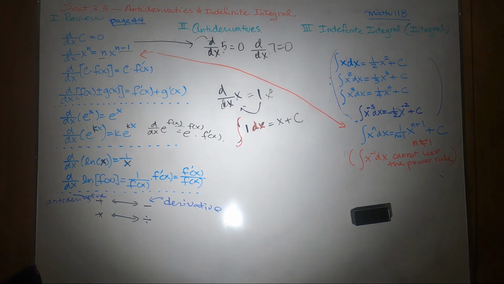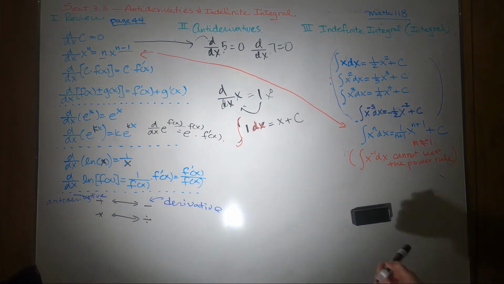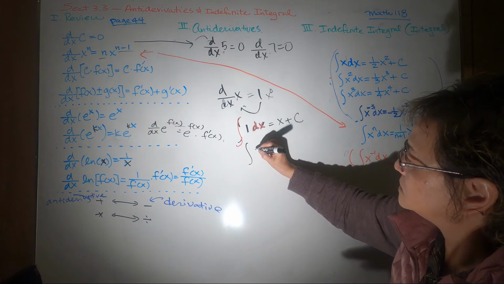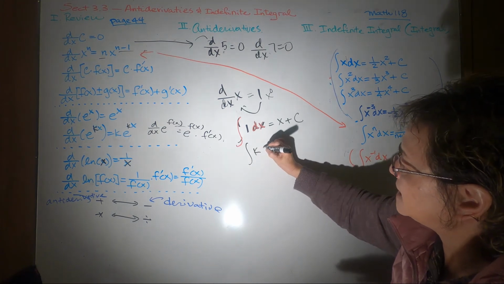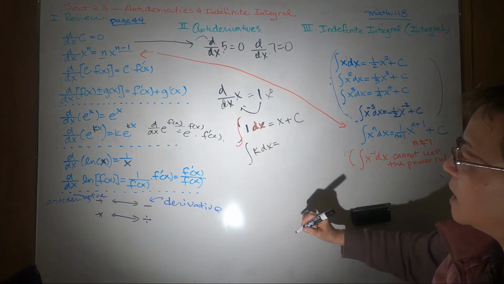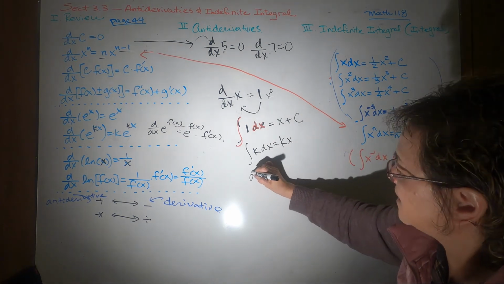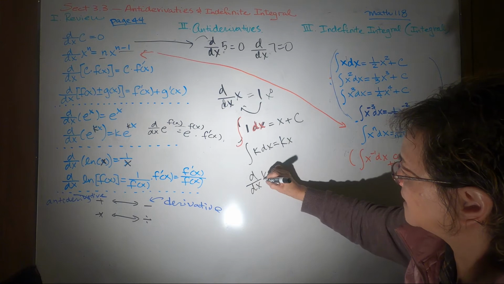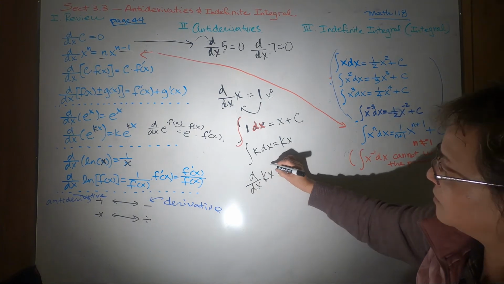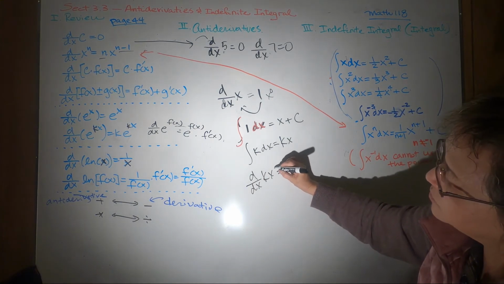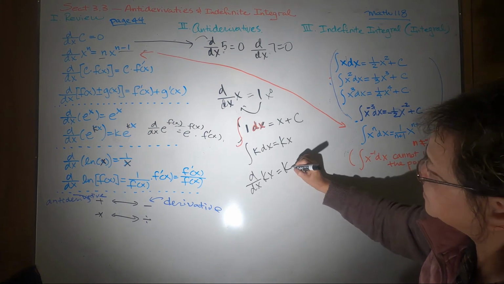For any number k, it means kx, because d/dx of kx gives k.